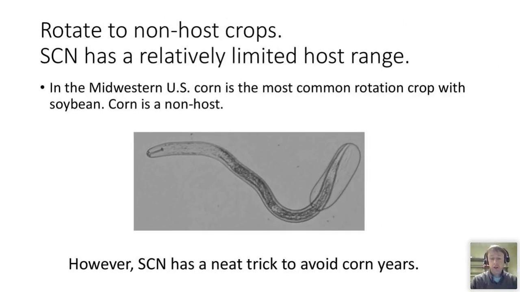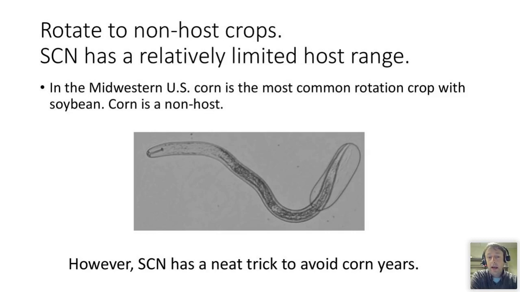So the first strategy I mentioned was rotation. In comparison to some of the other plant parasitic nematodes that are out there, SCN has a relatively limited host range. It will feed on some other species of plants besides soybeans, but there are a lot of non-host crops that growers can choose from to rotate with soybean.